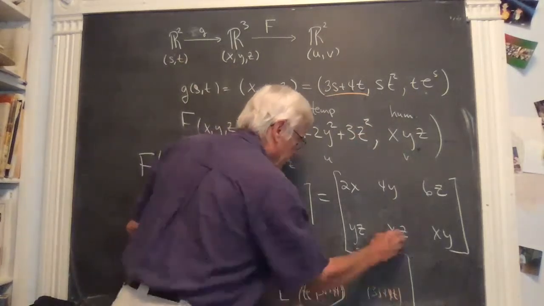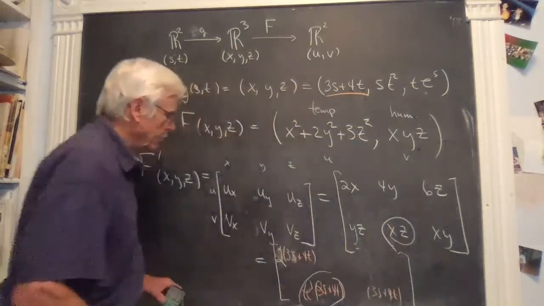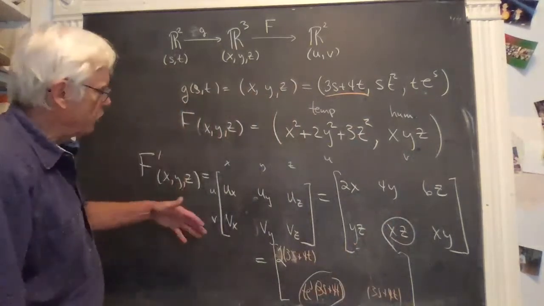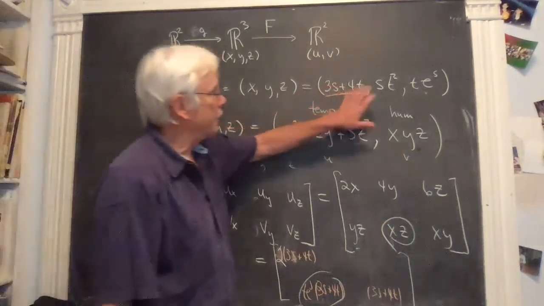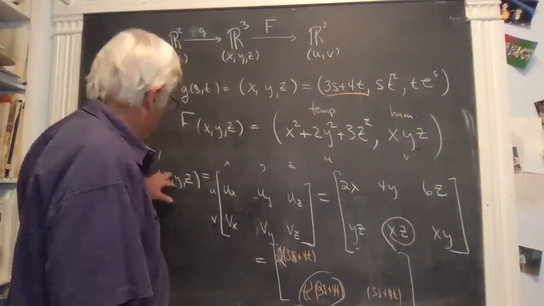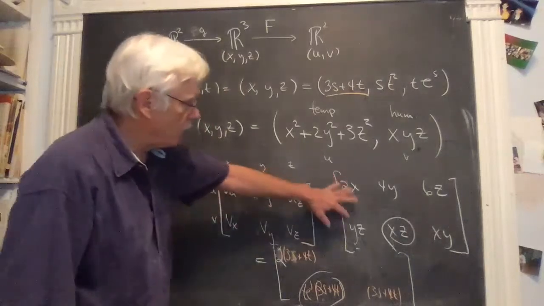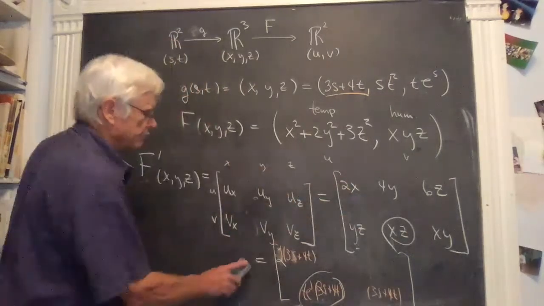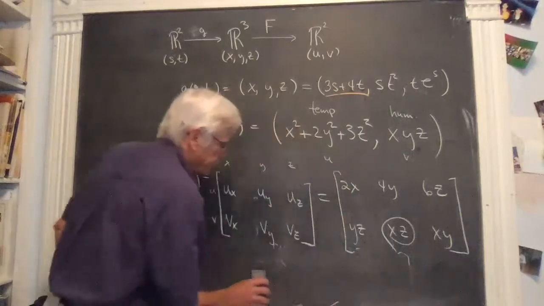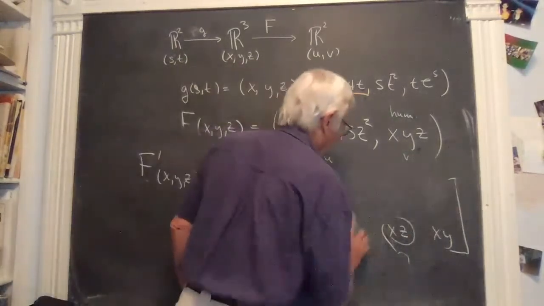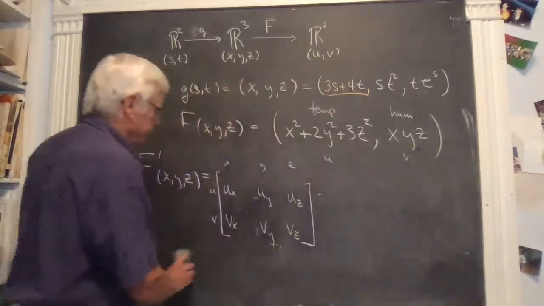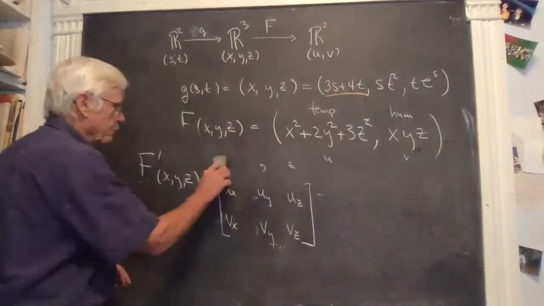So when you find f prime of g of s, what you are doing is plugging in these formulas in the derivative of f for the x, y's, and z's. So we're going to keep this one up here.